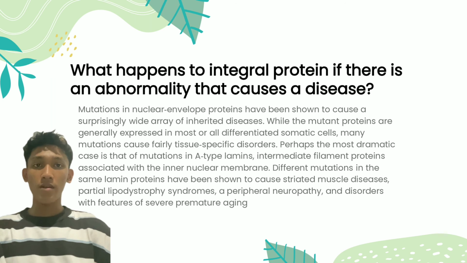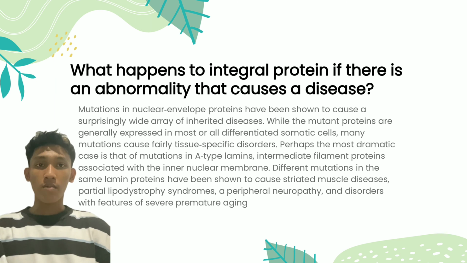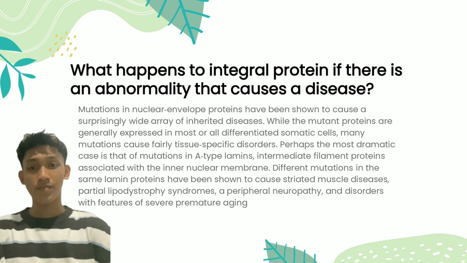Perhaps the most dramatic case is that of mutations in A-type lamins, intermediate filament proteins associated with the inner nuclear membrane. Different mutations in the same lamin protein have been shown to cause striated muscle disease, partial lipodystrophy syndromes, peripheral neuropathy, and disorders with features of severe premature aging.